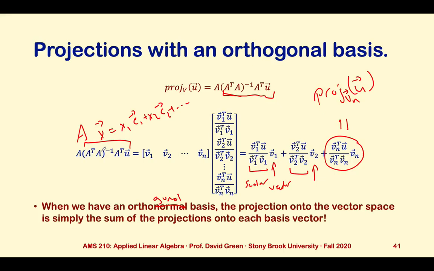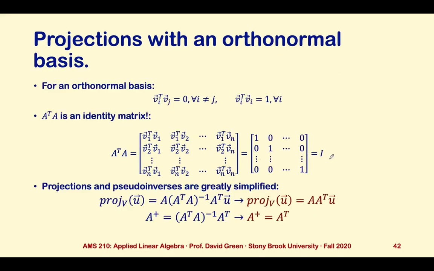All right. So we see that when we have an orthogonal basis, things become easier. A transpose A is diagonal, so the inverse is easy. We end up with this result that we can simply sum up individual projections onto vectors to get a projection onto a vector space, and so on. Things become even easier if we have an orthonormal basis. For an orthonormal basis, we still have the same constraint that the dot products of the non-equal basis vectors are 0.